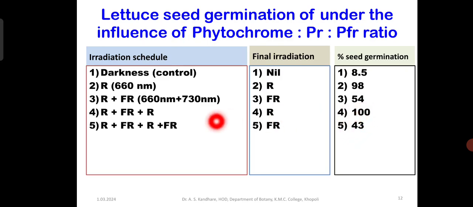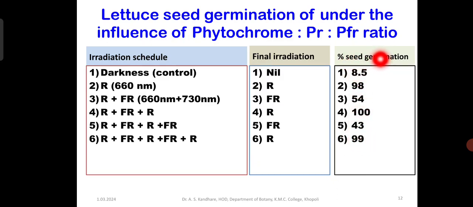So here in this case you will find that 100% seed germination was there, but as soon as this red is followed by far red, you will see there is a fall in percentage of seed germination. In this case again red followed by far red, followed by red, followed by far red, followed by red, and final irradiation is red. Again you will see there is an increase and enhancement in percent seed germination, isn't it?